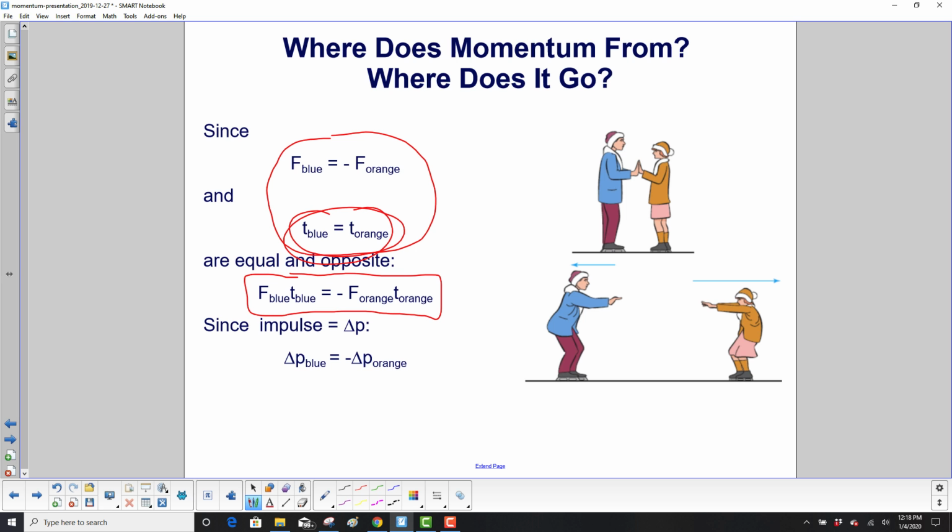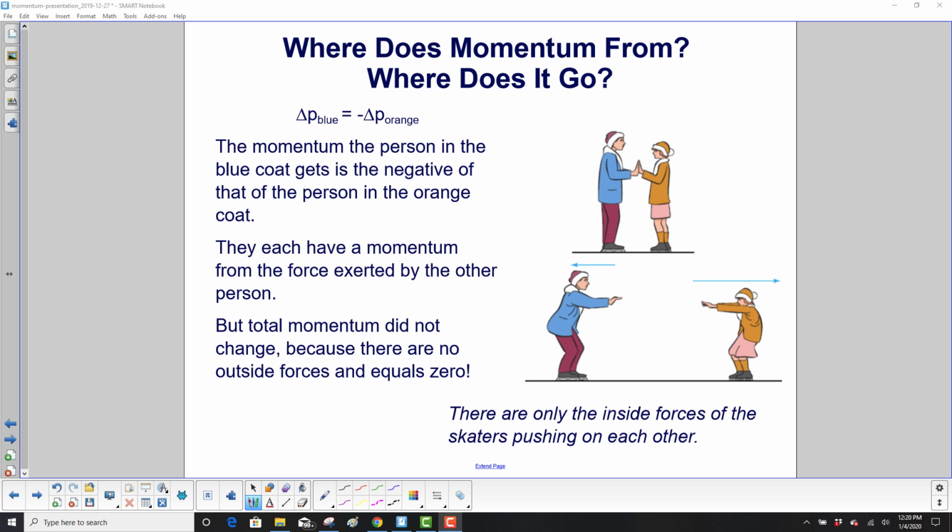So I basically multiply F blue by T blue and F orange by T orange. Impulse is delta P. So our impulse, probably should have written that there, force times delta T is impulse. That gives you a change in momentum. So the change in momentum of blue is equal to negative the change in momentum of orange. Right, here's the blue guy, here's the orange person. The momentum that the person in the blue coat gets is the negative of the momentum of the person in the orange coat.